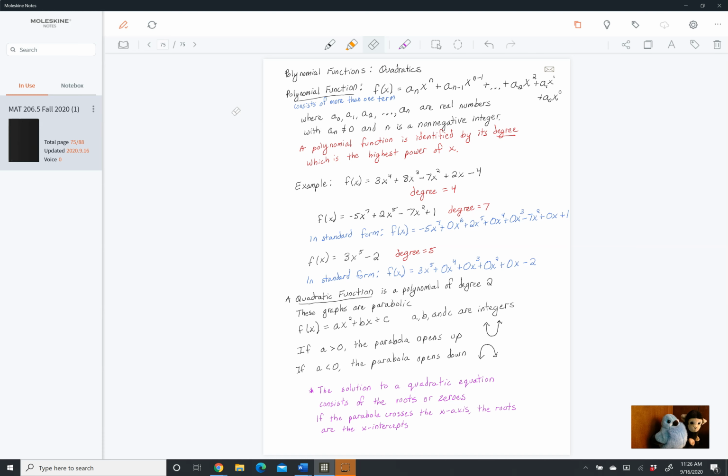Now this is the difference. So we could call them the x-intercepts if it passes through the x-axis on a graph. Otherwise, the roots are going to be imaginary.